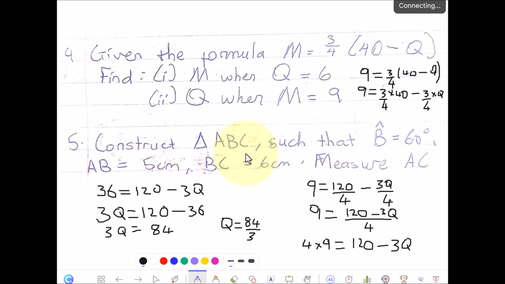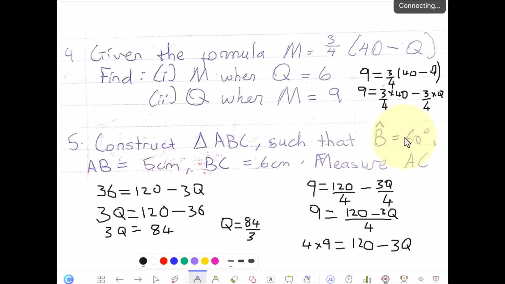So that is one. Now, the next thing is, how am I going to construct this triangle? They will tell you. That is where this next instruction comes from. Such that you see this symbol on top of B. It means by the time you draw your first line of your triangle, which is given here as AB, 5 centimeters, by the time you draw this first line, you will go to point B of your line and make 60 degrees.